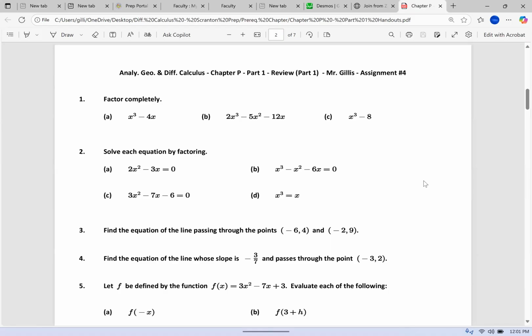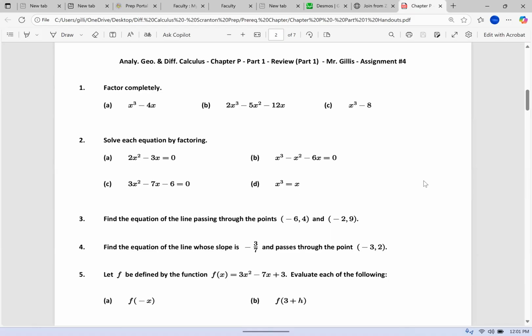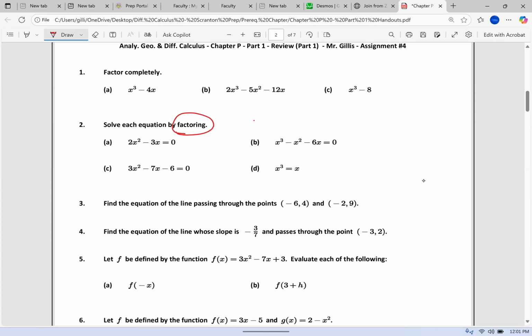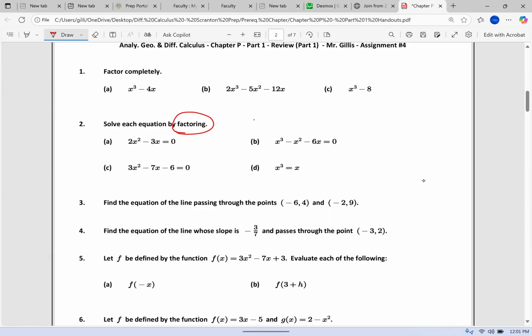Okay, so in this homework, we're going to spotlight the new takeaway, which is to solve equations by factoring. In number 2, I already have the equation set to 0, and I'm going to factor.